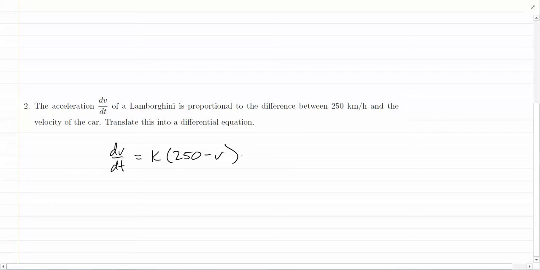Okay. And it's sometimes confusing, the difference: should it be 250 minus v, or should it be v minus 250? Well, let's just think about it. For example, if v was 0, if the velocity was 0, well, if you're going to start moving, that means you'd have a positive acceleration, which makes sense here.